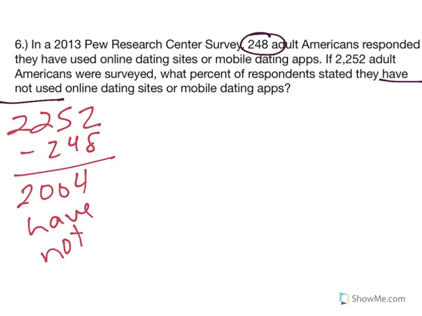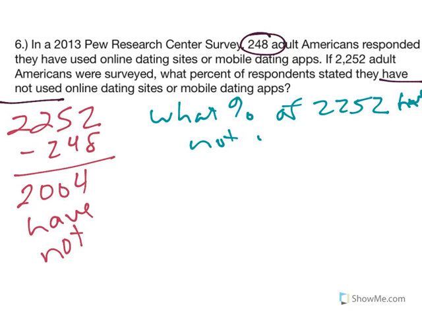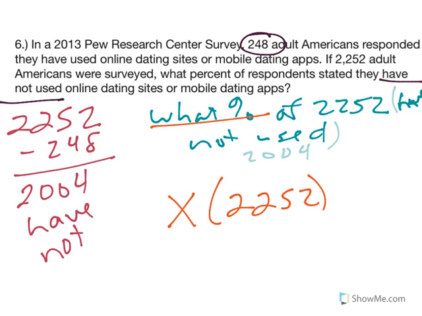So if I think about what this question is asking, it says what percent of the total, and the total is 2252, have not used it, right? And we know that have not used, this last part, is 2004. So the way I've done it, what percent, I don't know, of 2252 is the 2004, the ones that we know haven't used it.